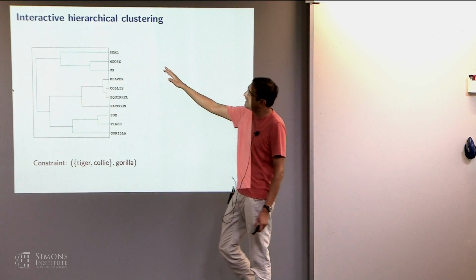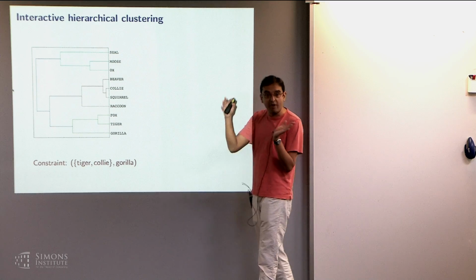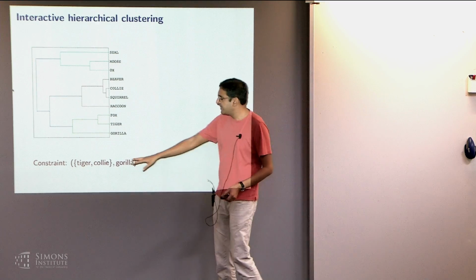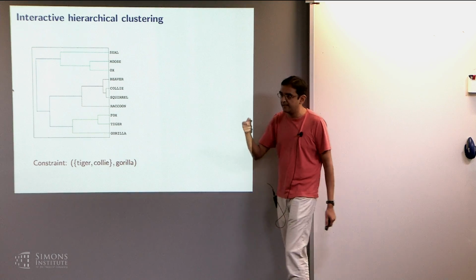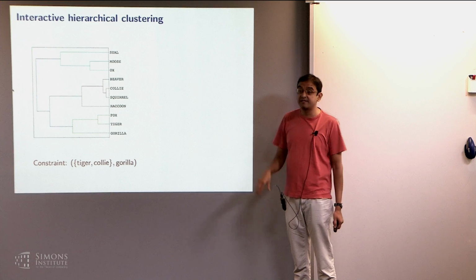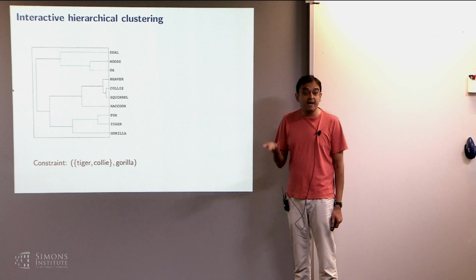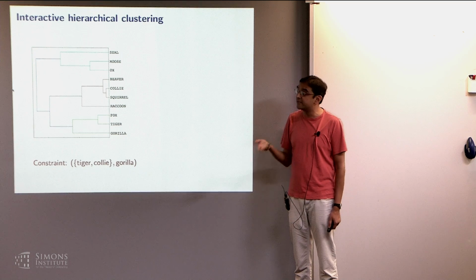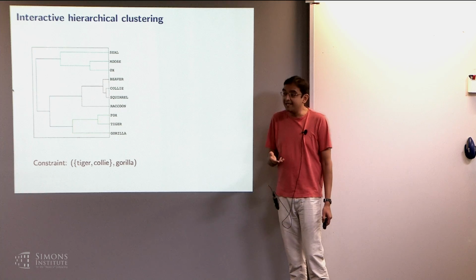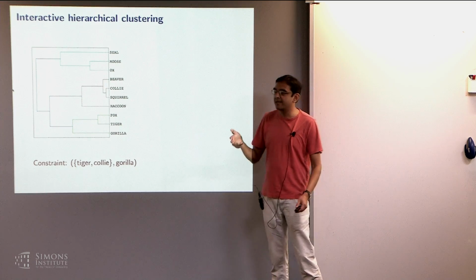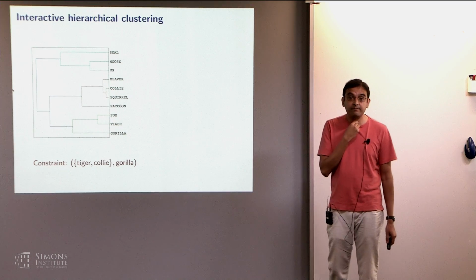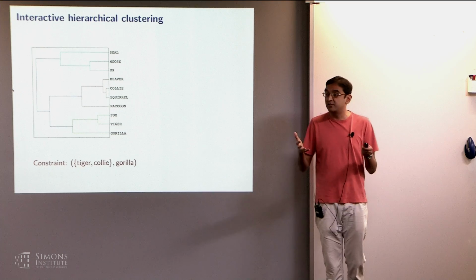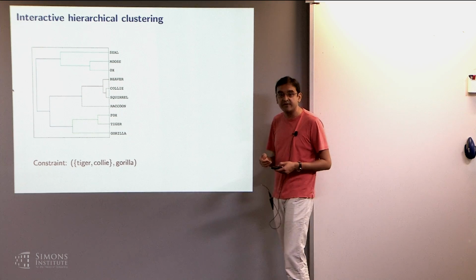And so what happens is that the expert looks at this random snapshot, and then fixes a little part of it, types in this constraint, and this just gets thrown in as a constraint. And then you can say, minimize the same loss function subject to this constraint. It turns out that algorithmically, that is quite easy to do using some tricks that people in phylogenetics have developed, because they have also been interested in dealing with constraints of this kind.